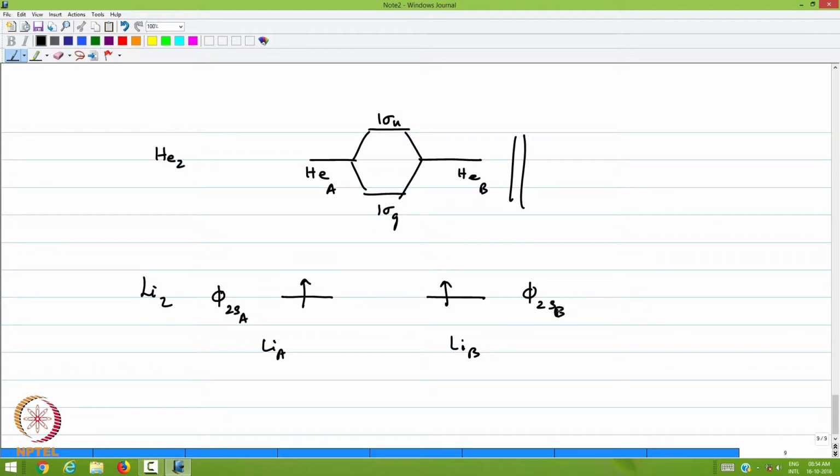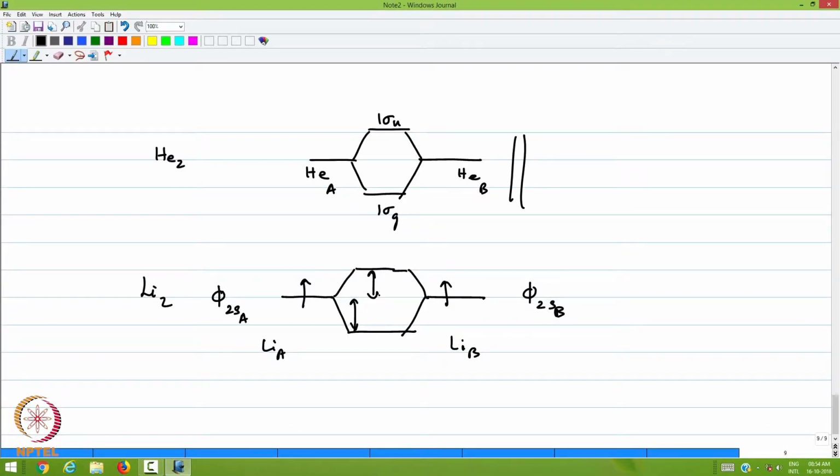Then again a similar linear combination can be performed to give a sigma orbital and a pi orbital. Of course, the gap between these will be different from that of the 1s, but pictorially what you see is two energy levels, one which is lower than the two separated lithium atoms and another which is higher than the two separated lithium atoms.